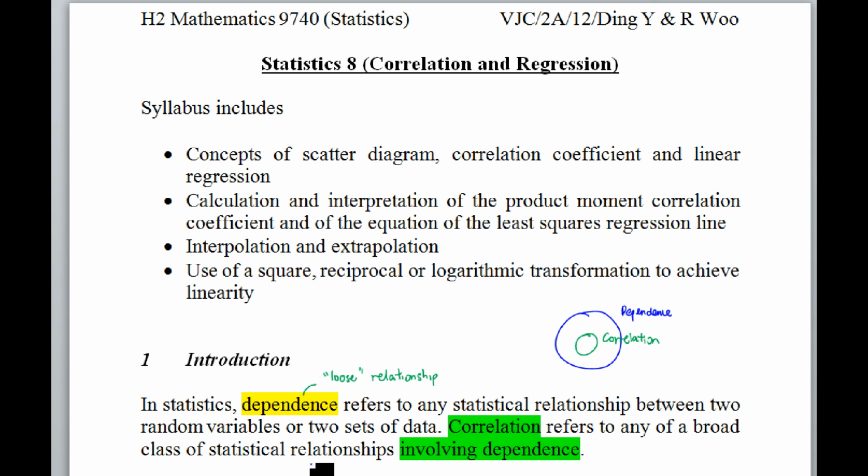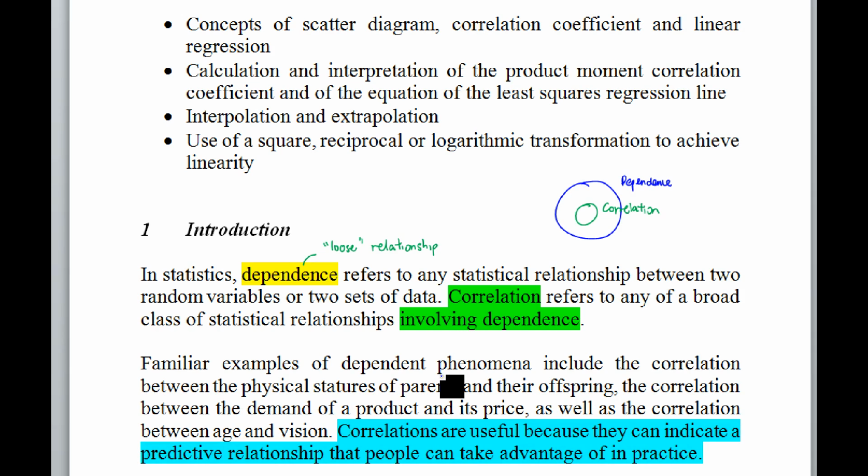Just a quick introduction. In stats, when we say two variables are dependent, it's just very loosely that they are dependent. That's all. But correlation is exactly what, maybe one increases, the other decreases.